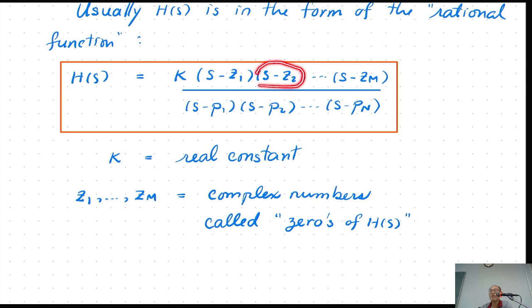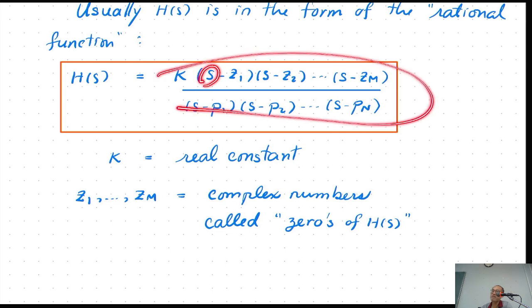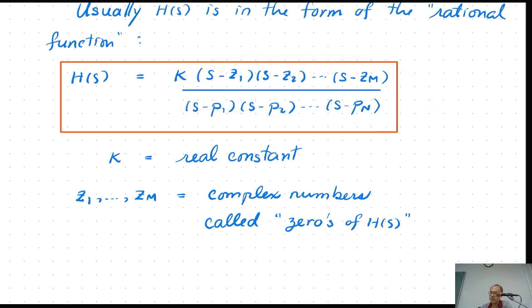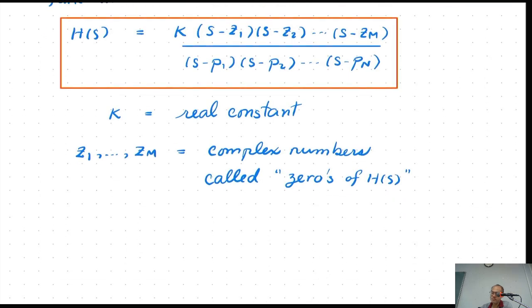For example, if you plug in s as z1, then the whole thing collapses to 0. Keep in mind that they're complex numbers, which means they have both a real part and an imaginary part.